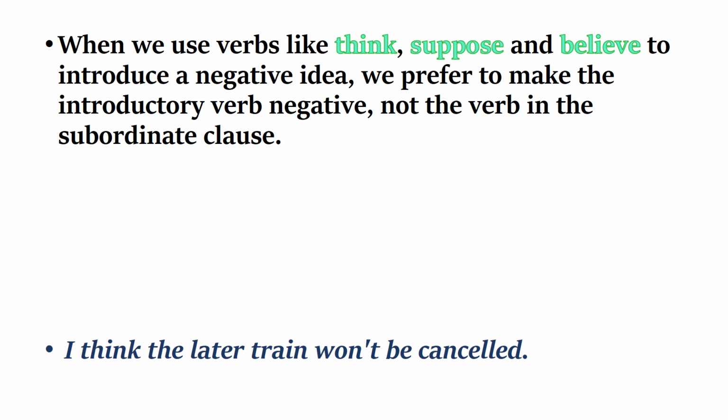When we use verbs like think, suppose, and believe to introduce a negative idea, we prefer to make the introductory verb negative, not the verb in the subordinate clause. Example, I don't think the later train will be cancelled.